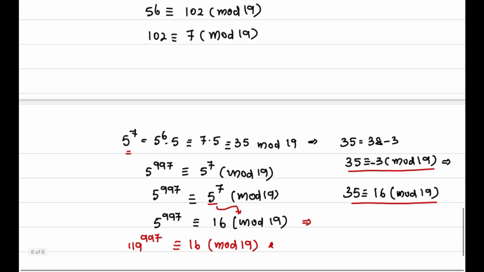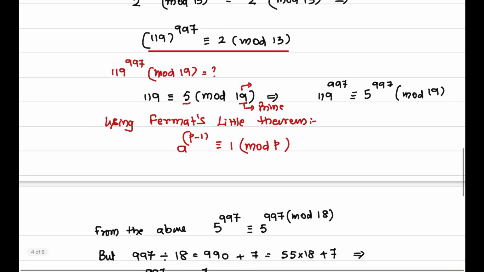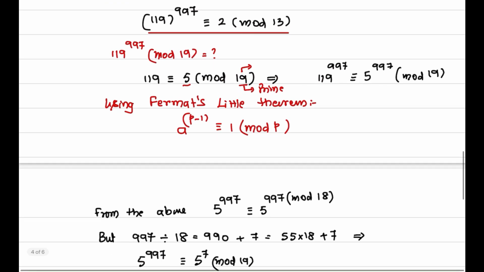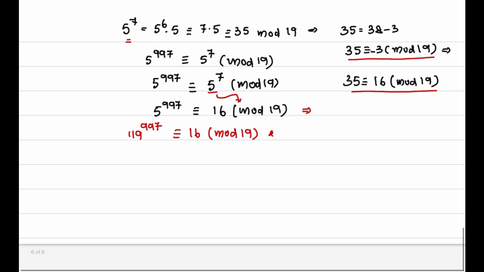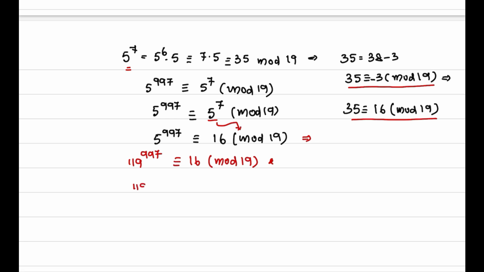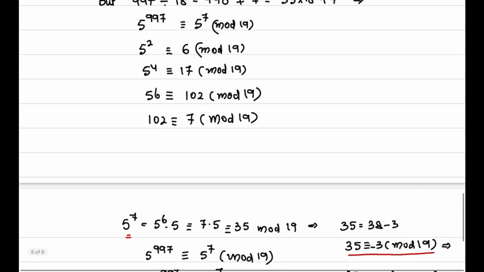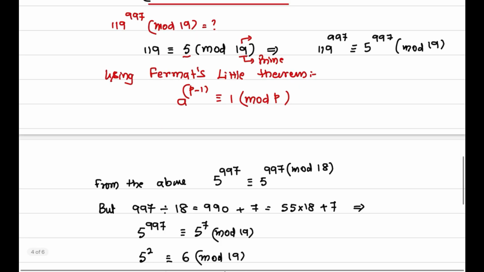And the second equation which we have found: 119 to the power of 997 is equivalent to 2 mod 13.